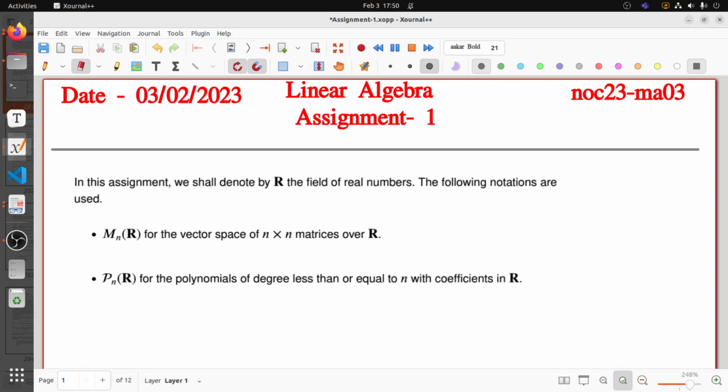So you have taken b from capital B, and b is in the span of B, which implies capital B is a subset of span of B, right? So this we have shown, and earlier we have shown that span of B is a subset of B. So combining these two, span of B is B, right?